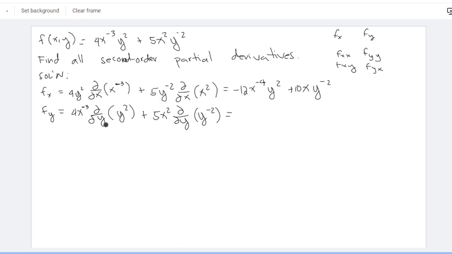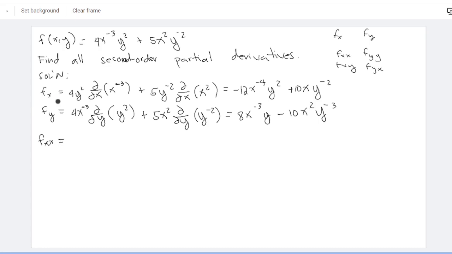So times 2, that is 8x to the negative 3 y, and then times negative 2, so minus 10x squared y to the negative 3, since negative 2 minus 1 is negative 3.